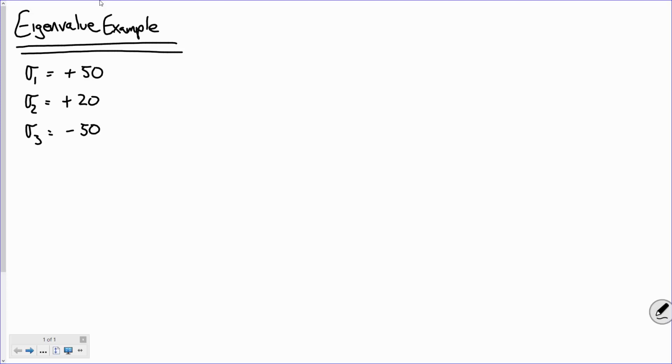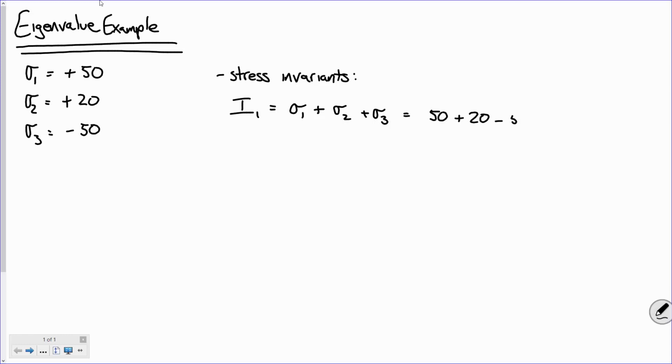Okay. If you want to calculate your stress invariants, it's pretty easy. I1 is literally sigma 1 plus sigma 2 plus sigma 3. So that's going to be 50 plus 20 minus 50, which is 20.